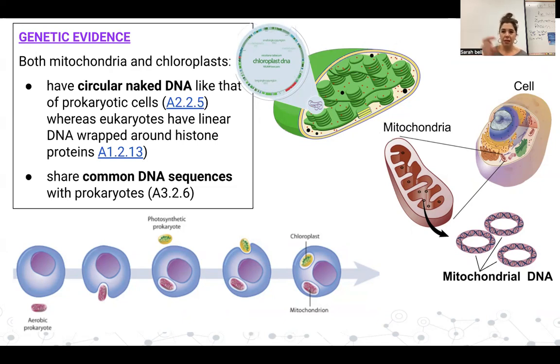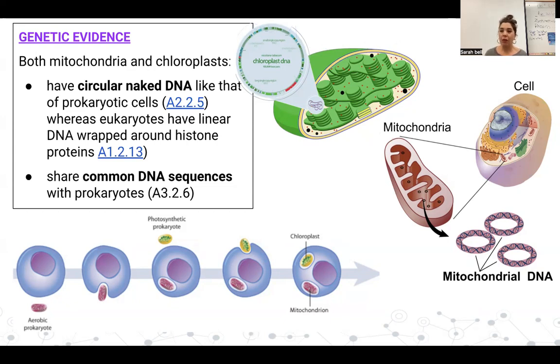So the fact that this DNA is structurally very similar to prokaryotes is another piece of evidence to add to our growing list. And on top of that, in this class we've learned a very good phrase: technology begets discovery.